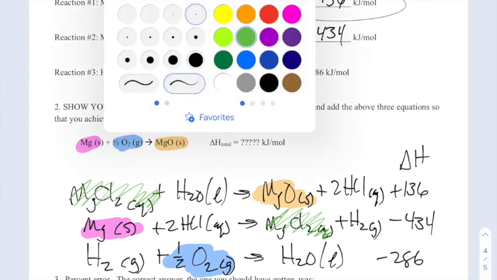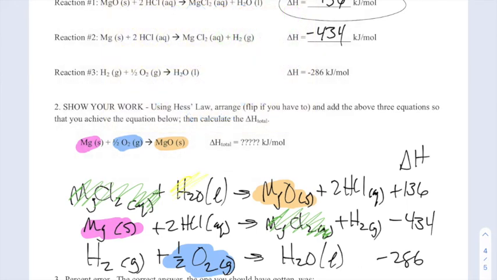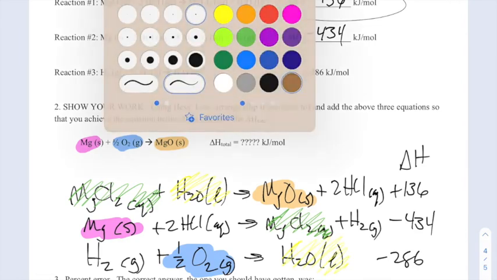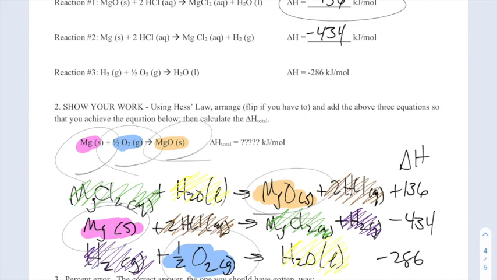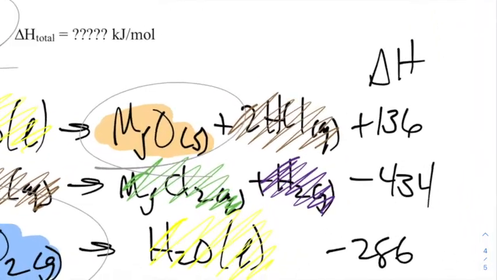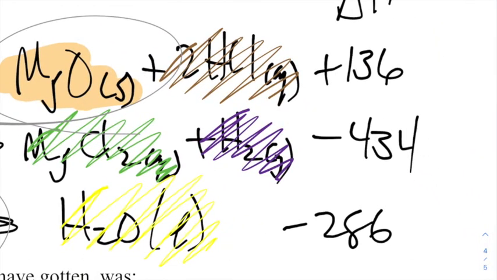I've got an H2O on the left-hand side, and an H2O on the right-hand side. I have 2 aqueous hydrochloric acids on the right, and 2 aqueous hydrochloric acids on the left. And I have a hydrogen gas on the right, and a hydrogen gas on the left. So the only things I am left with are my magnesium, my oxygen, and my magnesium oxide.